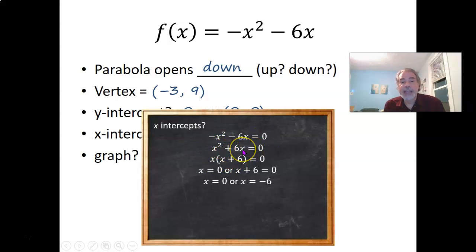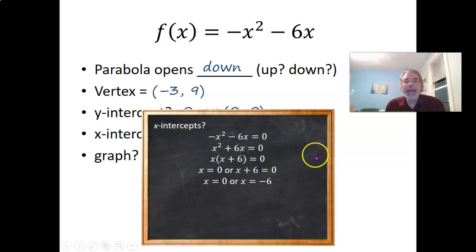Then we can factor x squared plus 6x just by pulling out the common factor of x. It factors into x times x plus 6. So either x equals 0 or x plus 6 equals 0, in which case x would equal negative 6. So there's our two solutions.